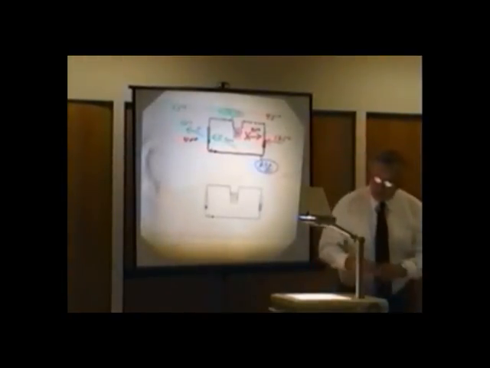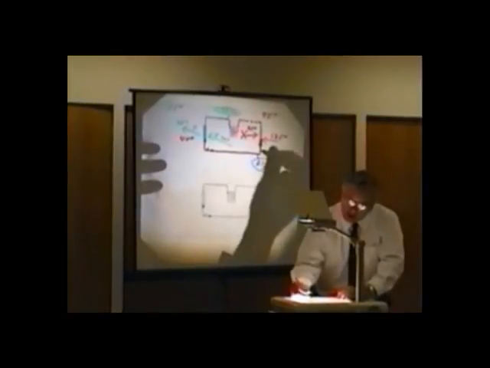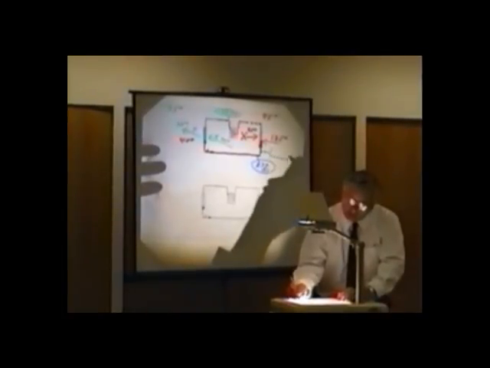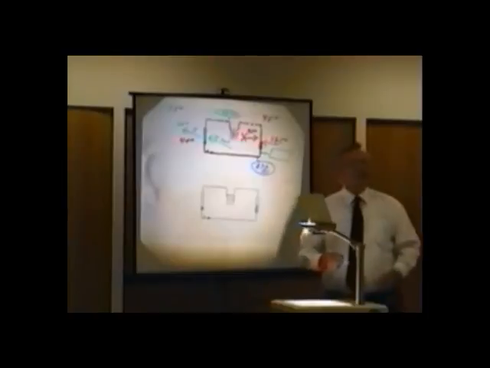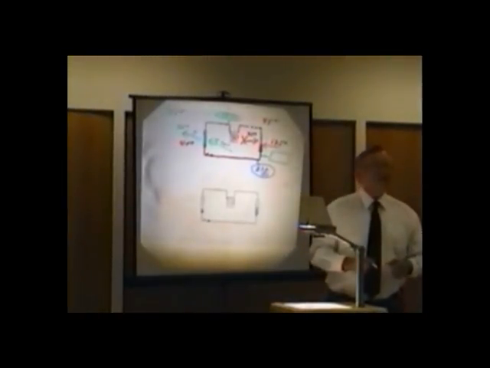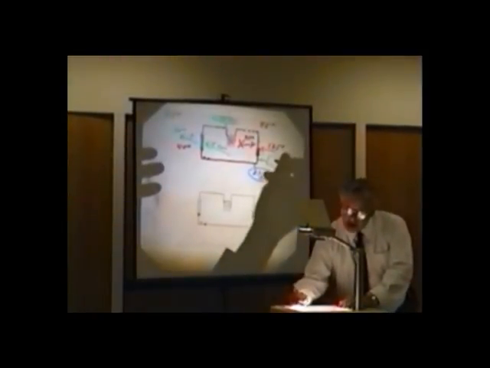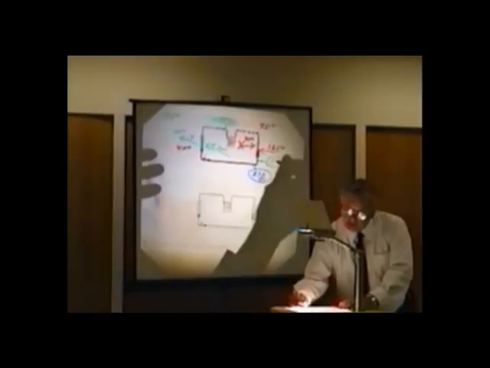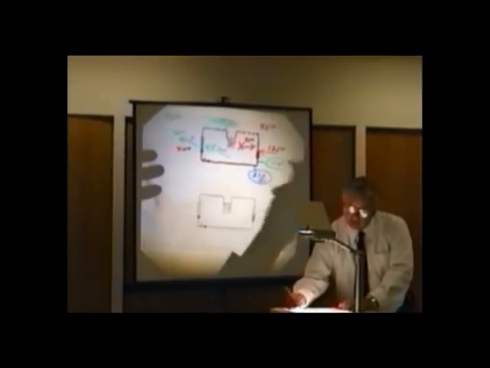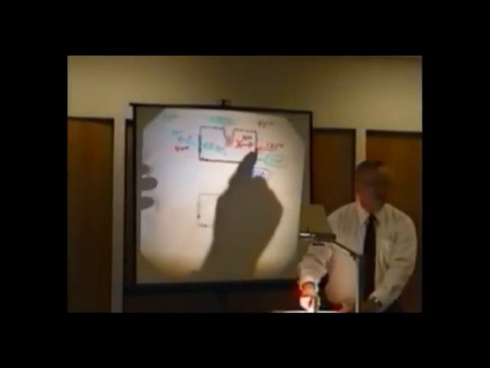Now, if we put a thermometer here, we know that this is all liquid, so I'm going to put a thermometer on the liquid line close to the service valve, and I'm going to, under these conditions, measure the liquid line temperature. And let's just say, as an example, I come up with 110 degrees. Now, let's make something very clear. I've got refrigerant, liquid refrigerant sitting in this condenser.